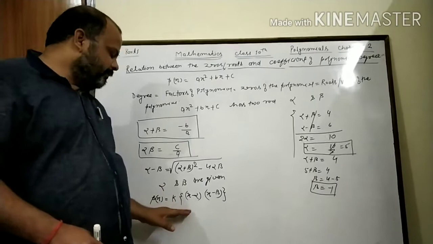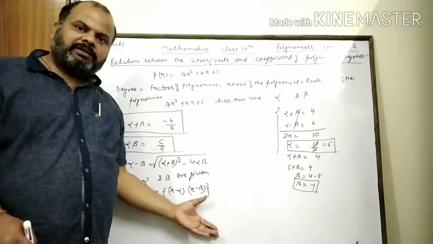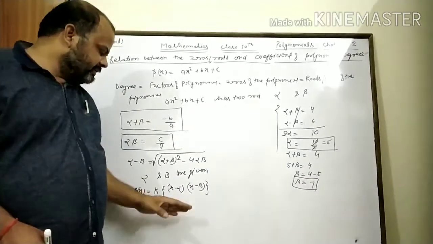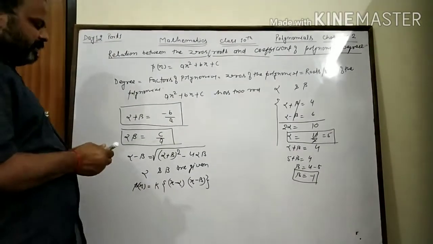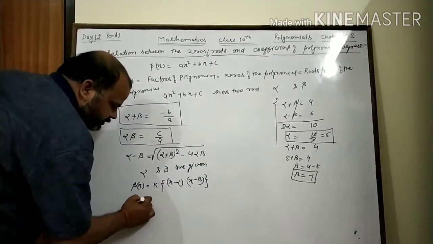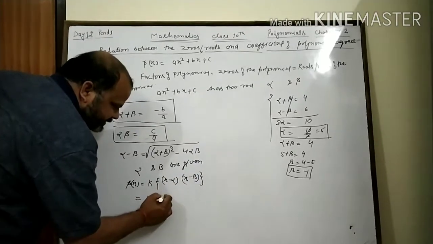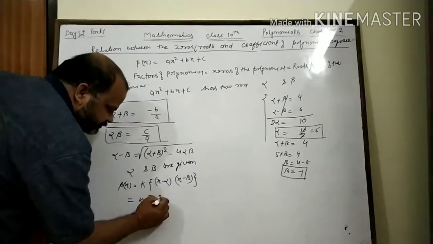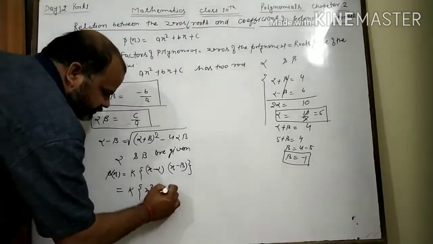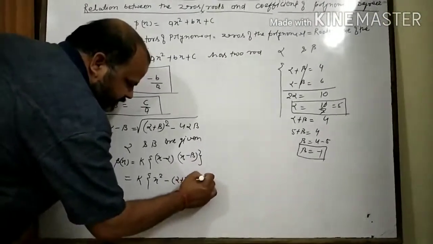If you have the roots and you want to make the polynomial, this is the formula. Then p(x) is equal to k times (x square minus (alpha plus beta) x plus alpha beta).